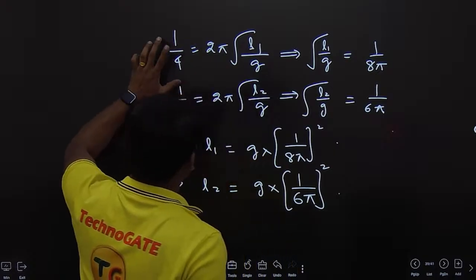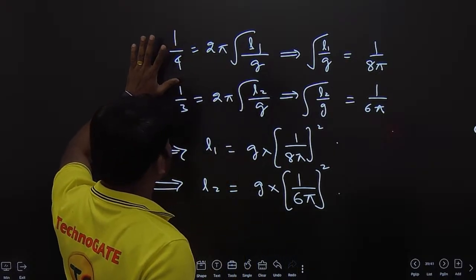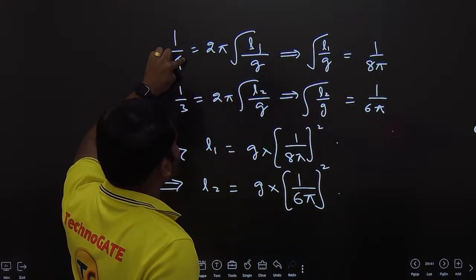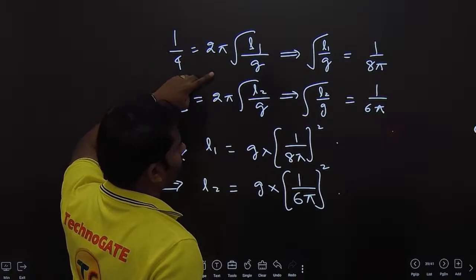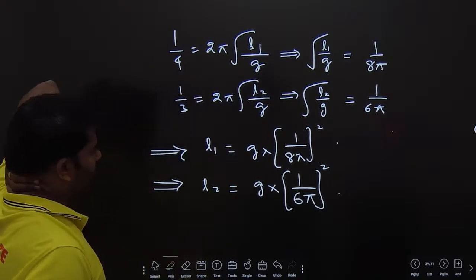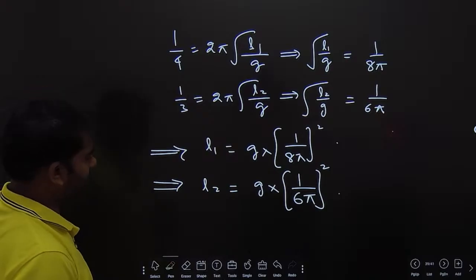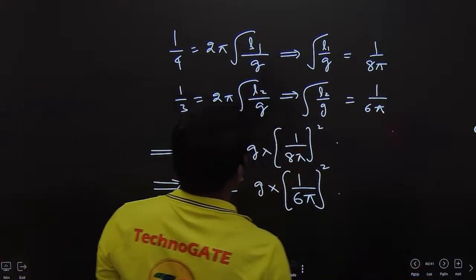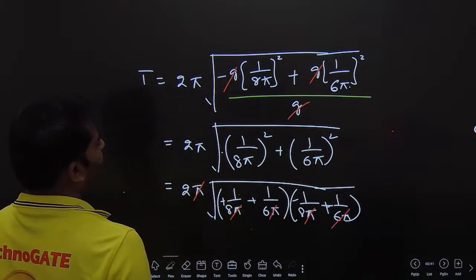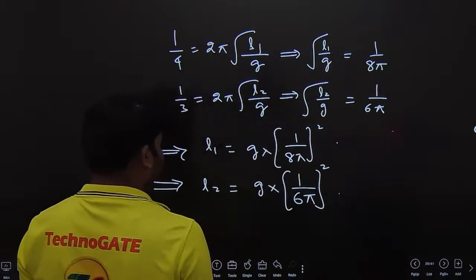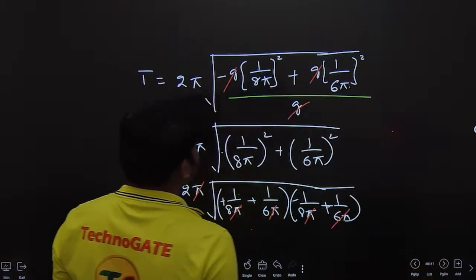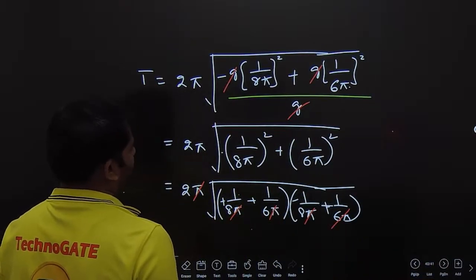1 by 4, 1 by 3, 2 pi under root L1 by G, 2 pi under root L2 by G, 1 by 8 pi, 1 by 6 pi, L1 by G. Okay, yes, L1 is equal to 1 by 8 pi whole square into G. That is good. L2 is 1 by 6 pi whole square into G. 2 pi under root L by G, G by 8 pi whole square minus G, right?